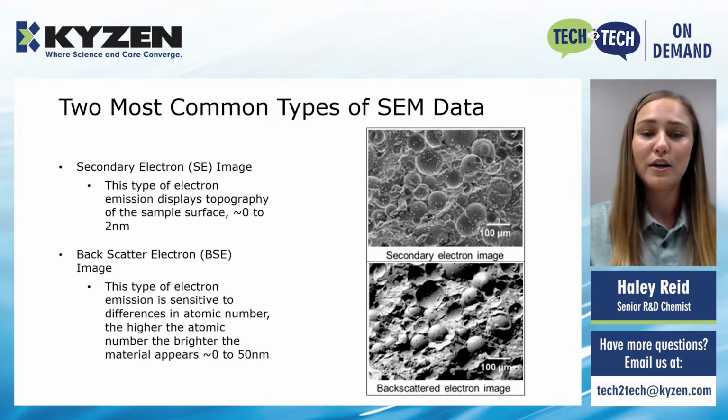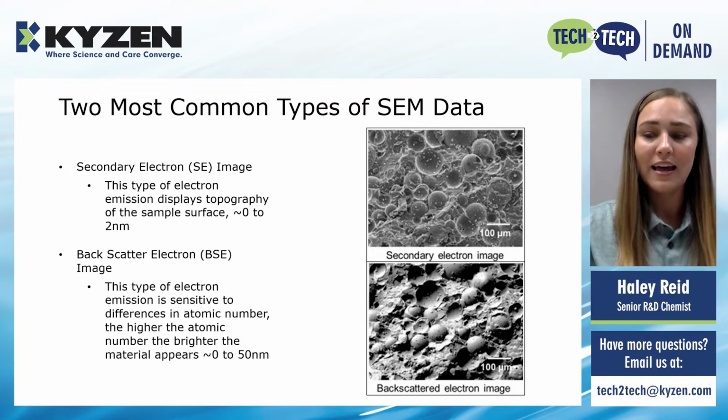This is a little bit deeper into the sample, between 0 and 50 nanometers. And if you look on the right, instead of a nice, realistic picture like that top secondary electron image, it's very light and dark. There's a lot of contrast in all backscatter images, because it's looking for different atomic numbers.